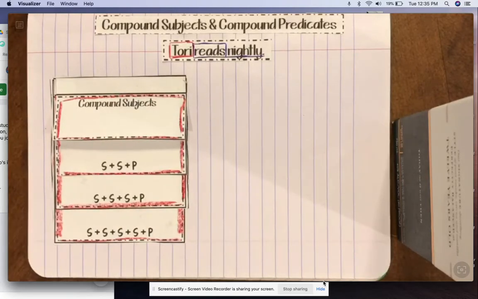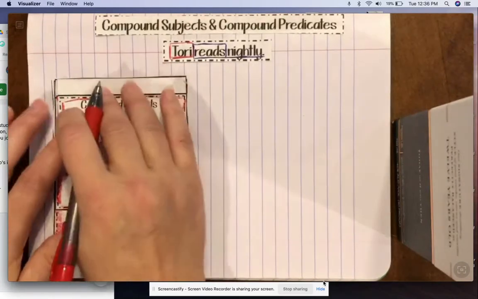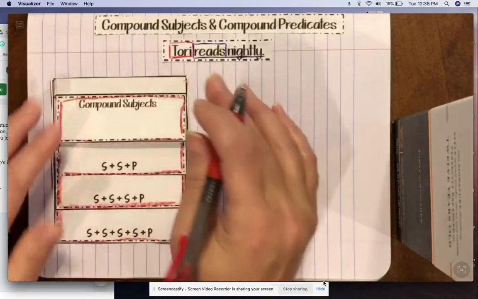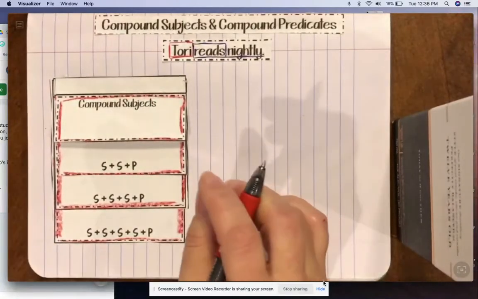All right, a compound subject. Let's write a definition. All right, are you ready to write? If you need a little more time for gluing this down, just pause your video.